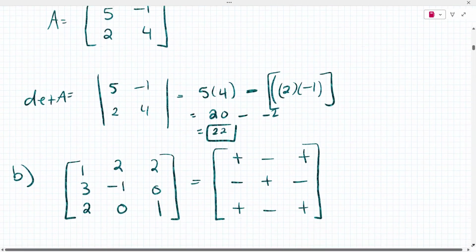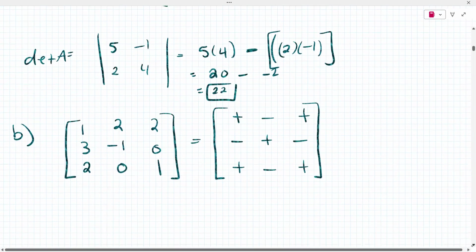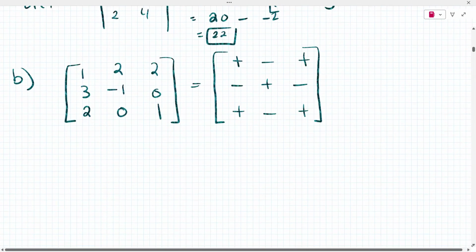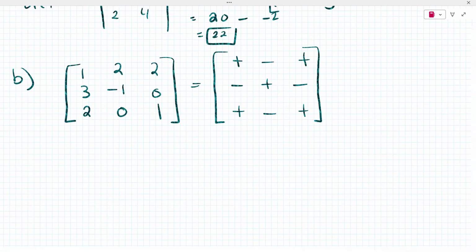Let's move on. What about this matrix, a 3 by 3? You can expand using cofactors. I just wrote this rule down: plus, minus, plus, minus, plus, minus, plus, minus, plus. What do these symbols mean? You can take any row or any column you like.